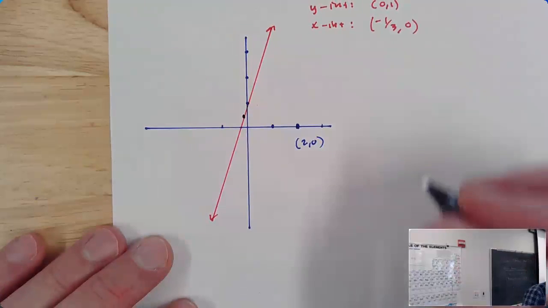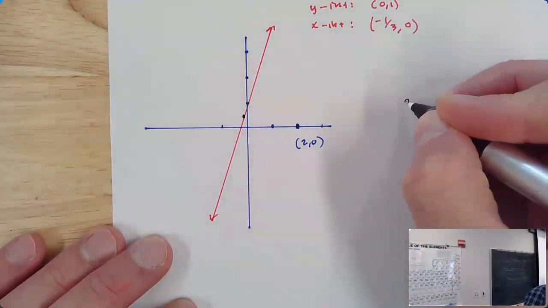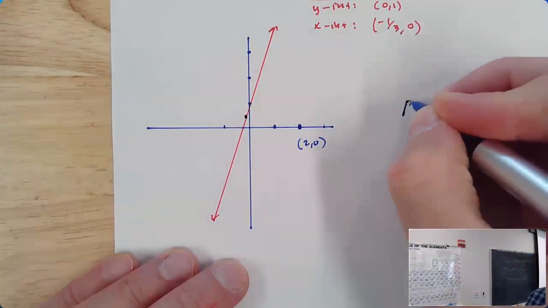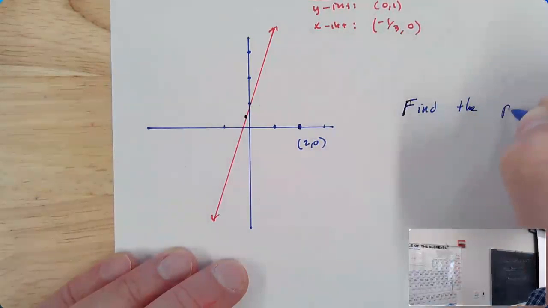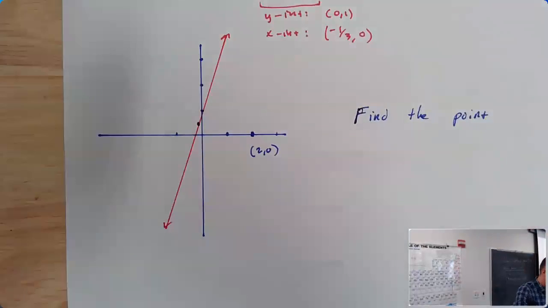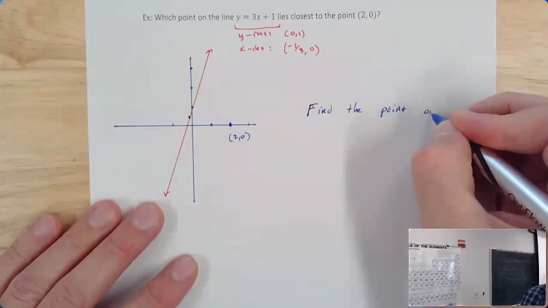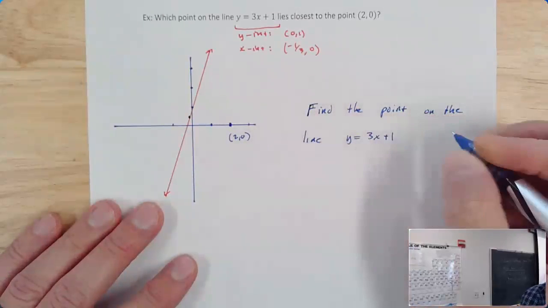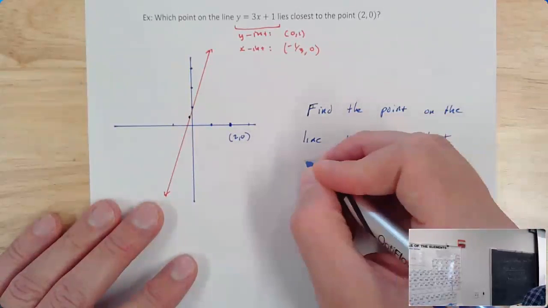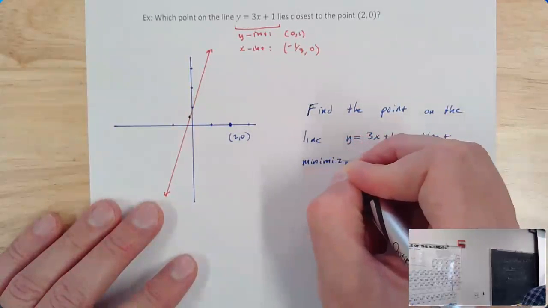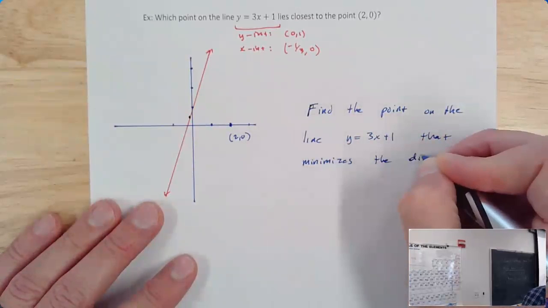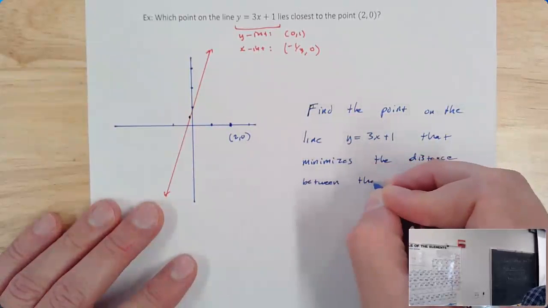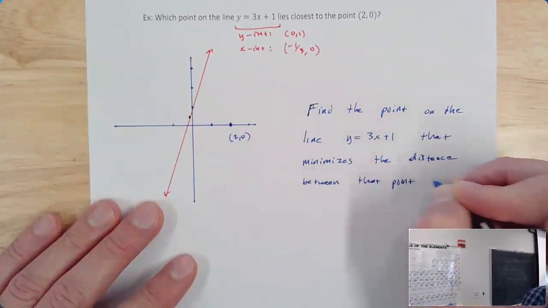So we're trying to find the point on the line y equals 3x plus 1 that minimizes the distance between that point and the point (2, 0).